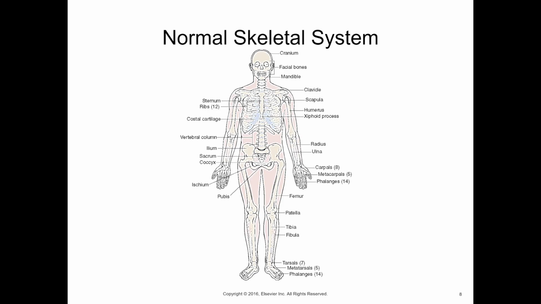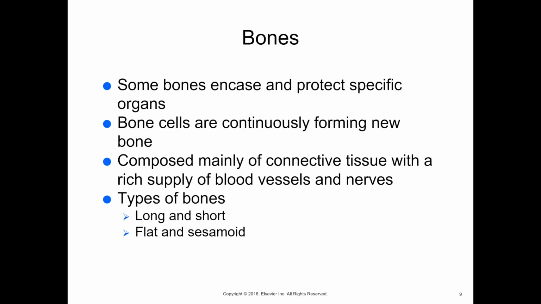So normal skeleton system, remember the skeleton system normally consists of 206 bones, but it is not all that uncommon for people to have an extra or one less. So bones have a lot of main roles, right? But bone is essentially a key tissue for our entire bodily function, because it's where we get the blood cells from, right?